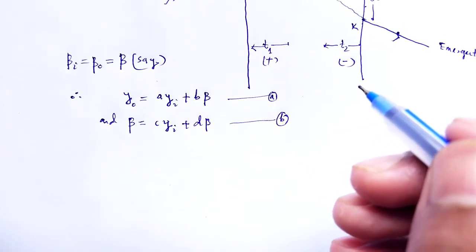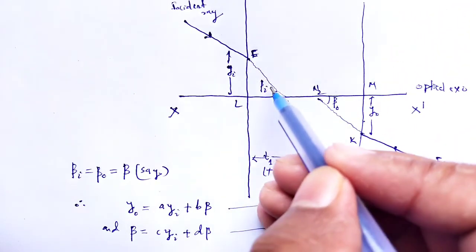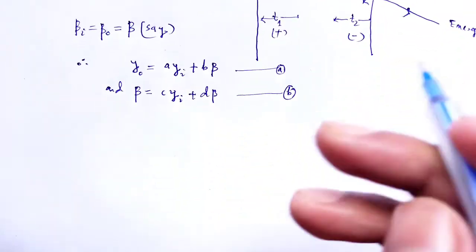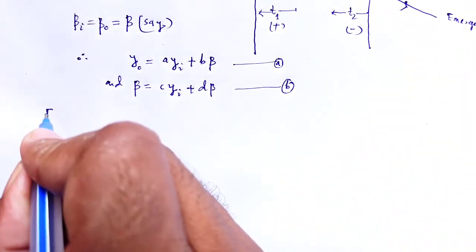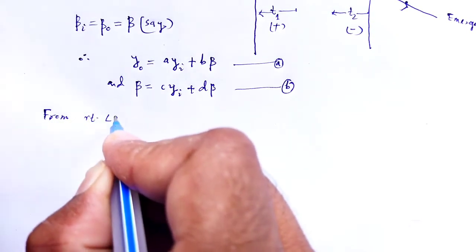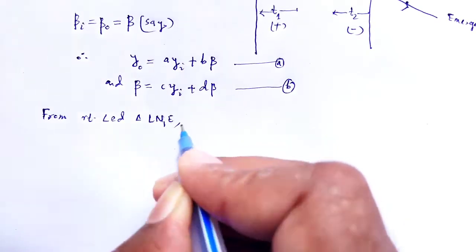From the figure, from the right angled triangle LN1E, tan of this angle is equal to this.